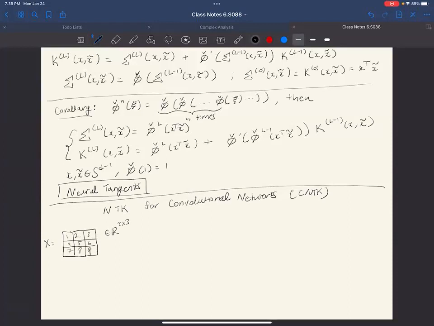And typically, pixel values you'll see from the range 0 to 255. So this would be a very dark image. And people typically normalize these so that you just divide all the pixel values by 255, and it'll be in the range 0 to 1. But just like we did a one hidden layer fully connected network, we're going to define a fully convolutional network.